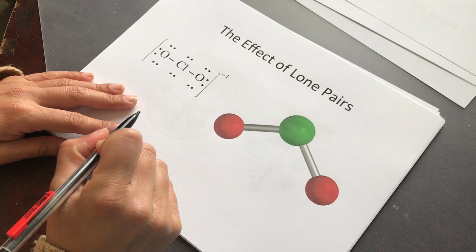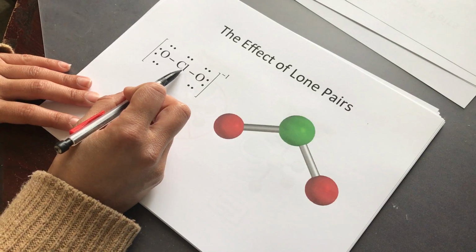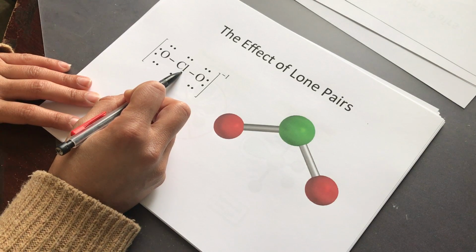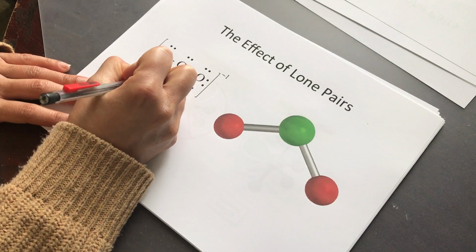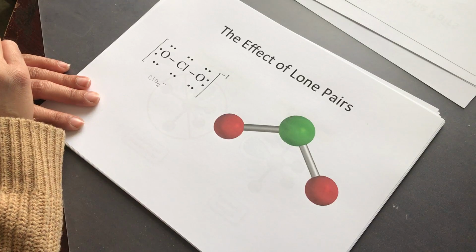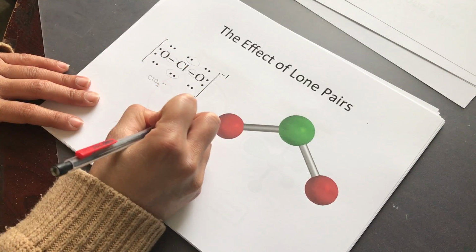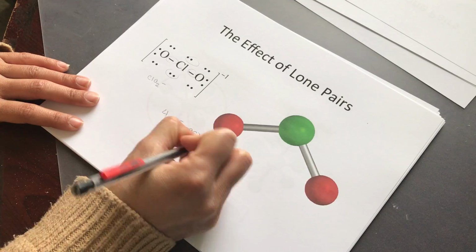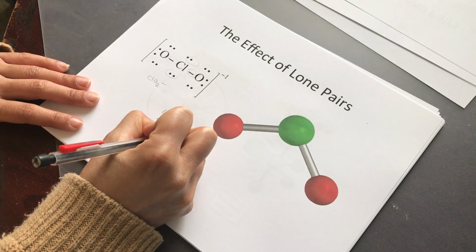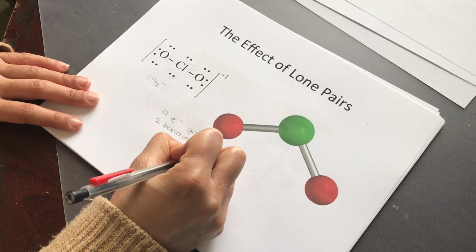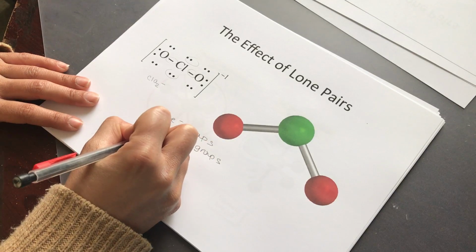Now, a different example. We see this example of chlorite, ClO2 minus. I have 1, 2, 3, 4 electron groups, 2 bonding groups, 2 lone pairs.